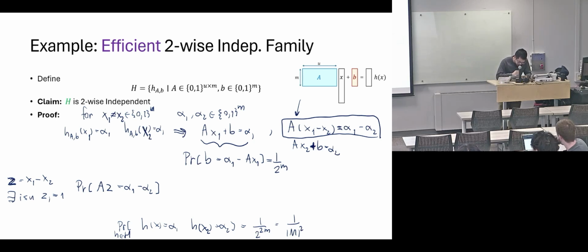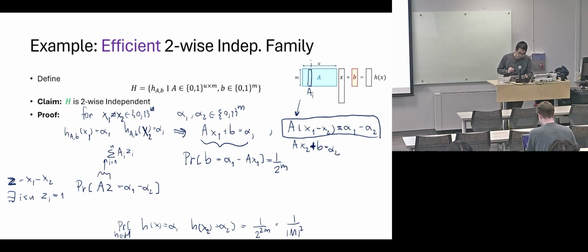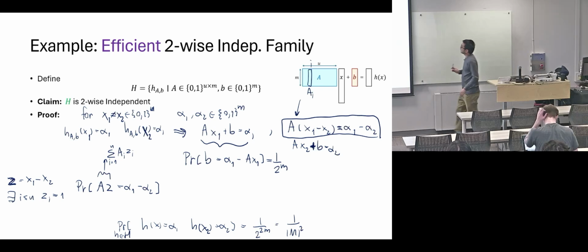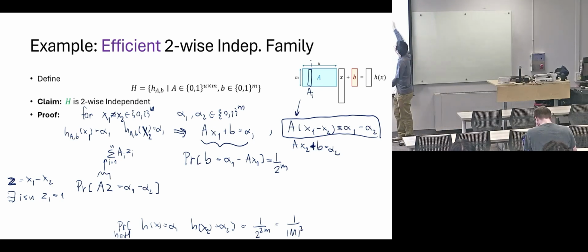Now look at this. Let me denote the ith column to be A_i, so this thing is the sum over all j of A_j times c_j. This is just how you multiply a matrix by a vector.